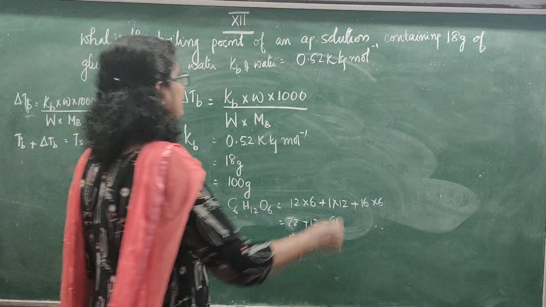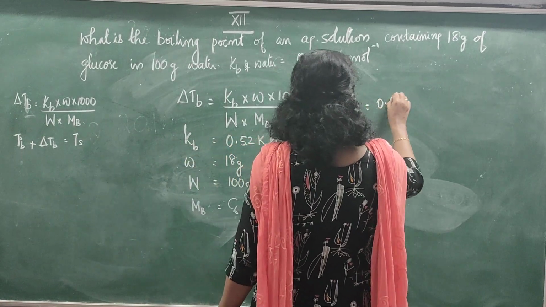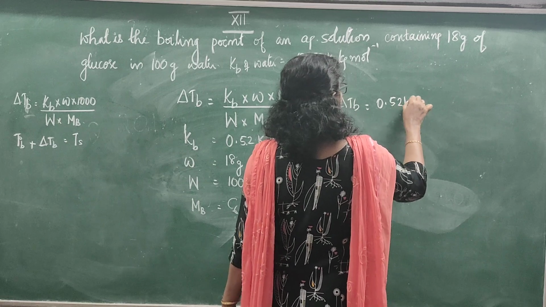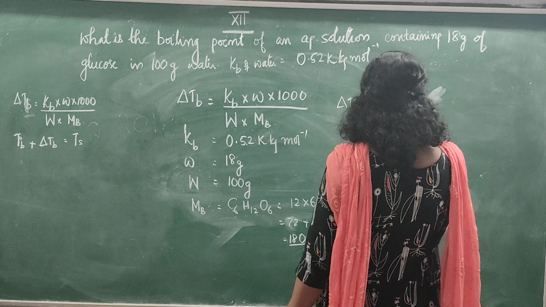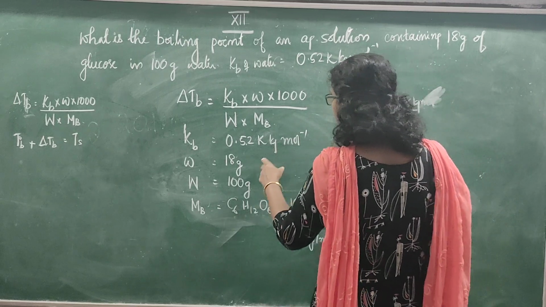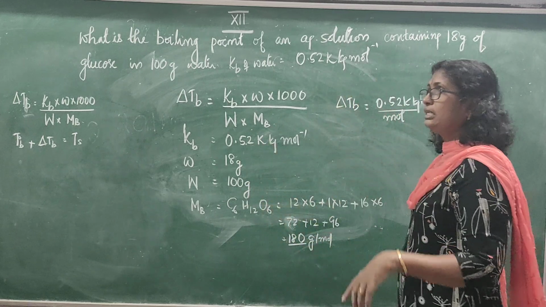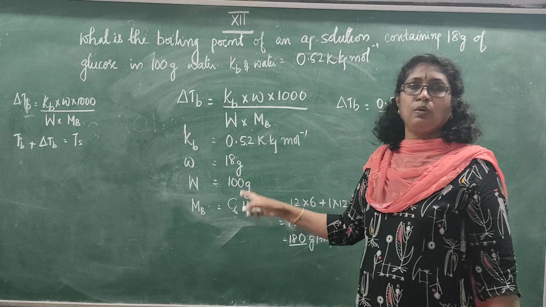Now you substitute. Delta Tb is equal to 0.52 Kelvin kilogram mole inverse. Now the question is per mole, isn't it? This is kilogram, this is gram. You will always have a doubt. I have seen every time the children converting this gram to kilogram.